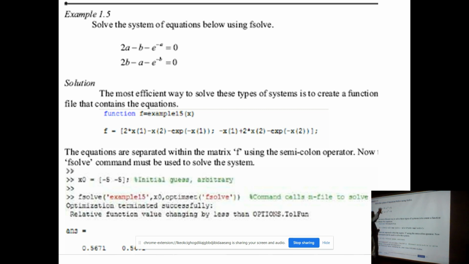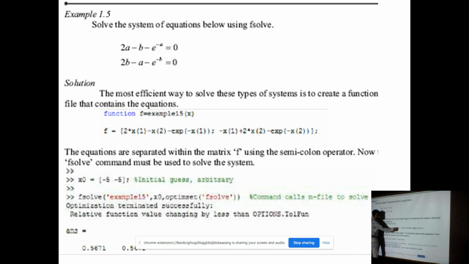Now I have to write the equations, the second part. How will I write the function? Now I defined a as x of 1. So 2 into x of 1, minus b which is x of 2, minus e, meaning exp of a, which is x of 1, minus x of 1.